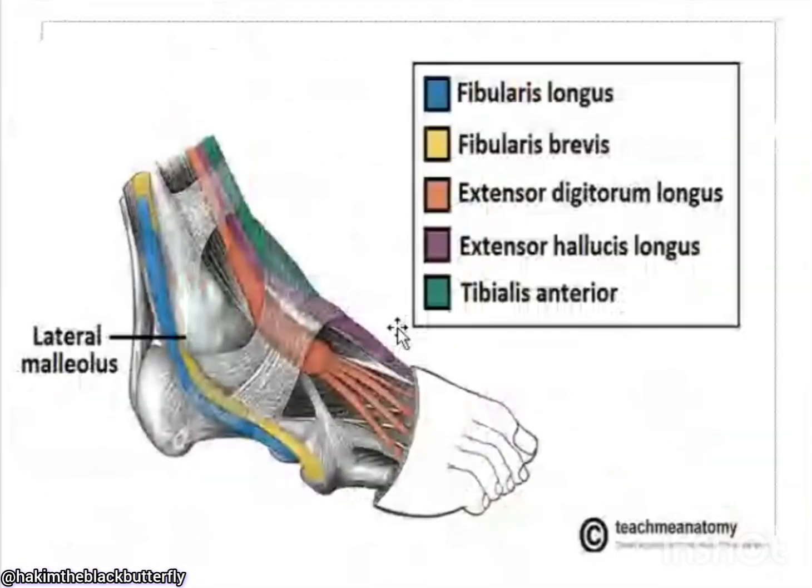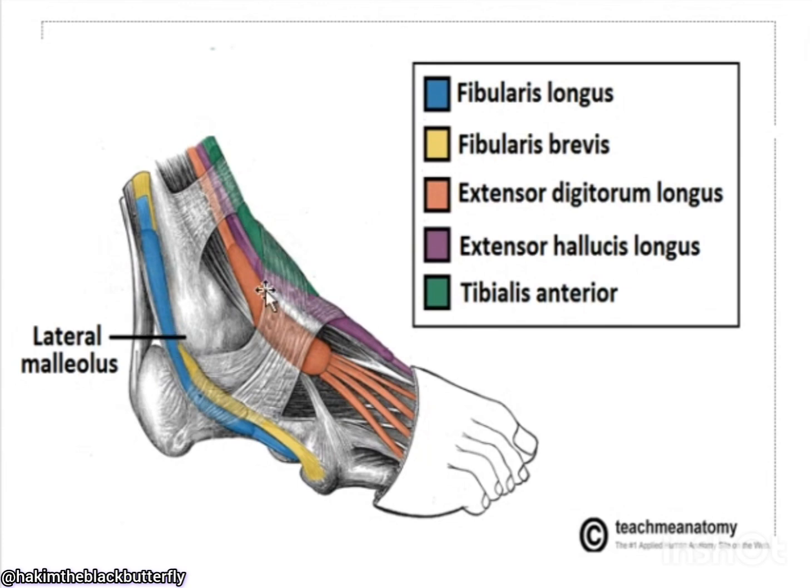And when you look at the ankle joint, the tendons of the muscles of the anterior compartment of the leg pass anteriorly on their way to insert on the foot. And we shall see the tendons of the muscles of the posterior compartment of the leg will pass posteriorly to the ankle joint, and the tendons of the muscles of the lateral compartment of the leg will pass laterally.